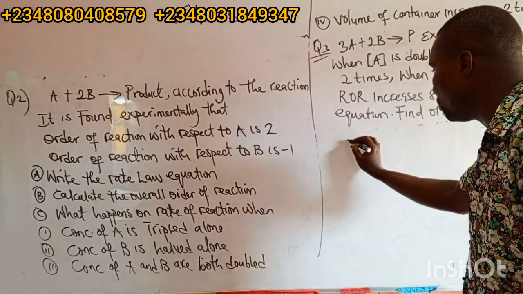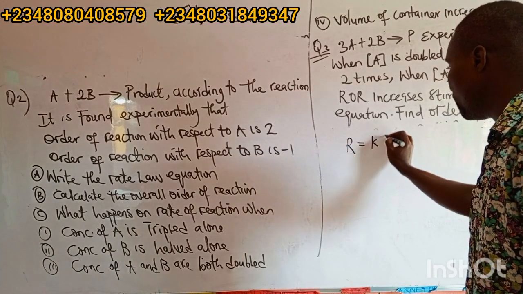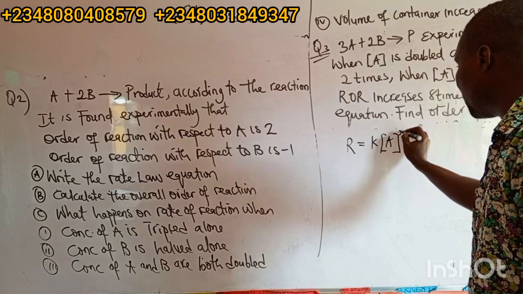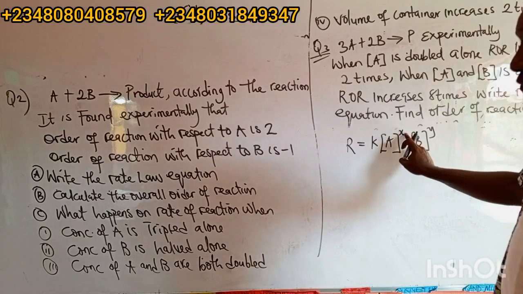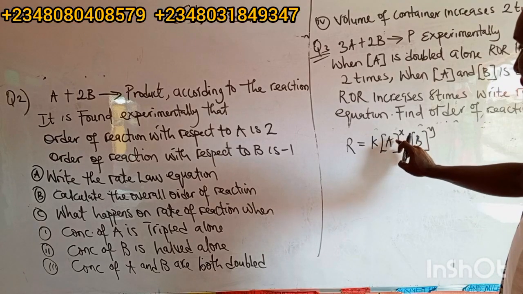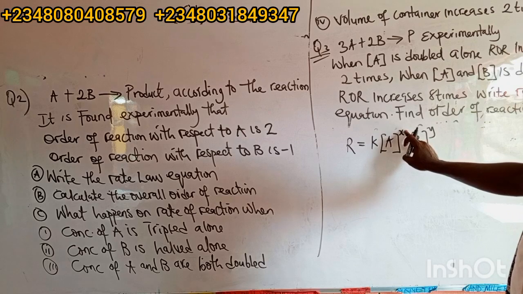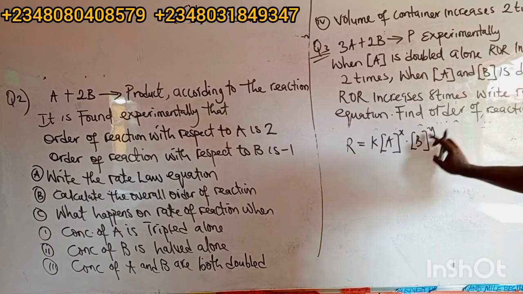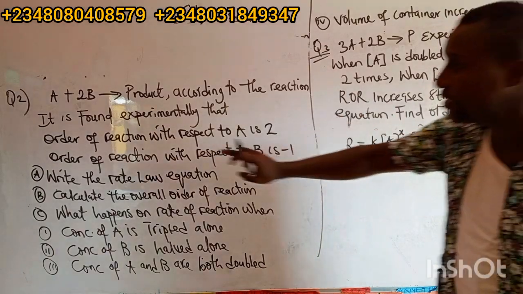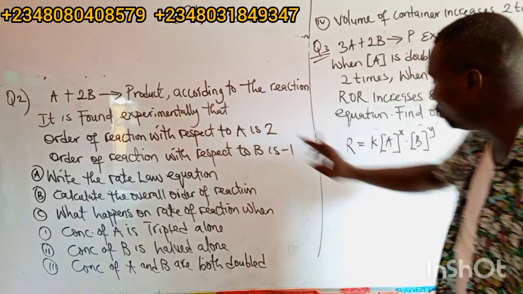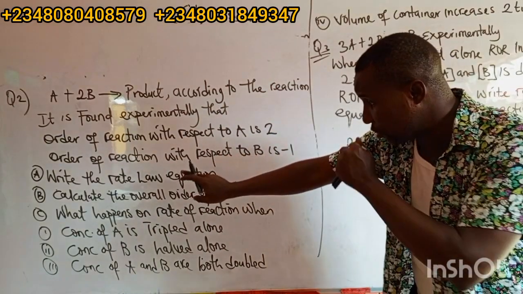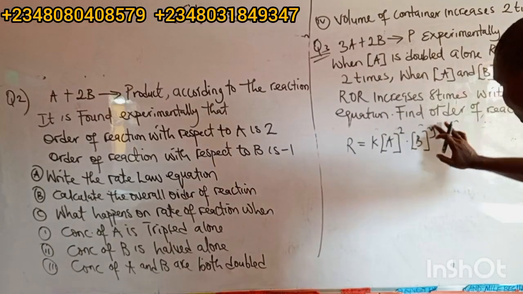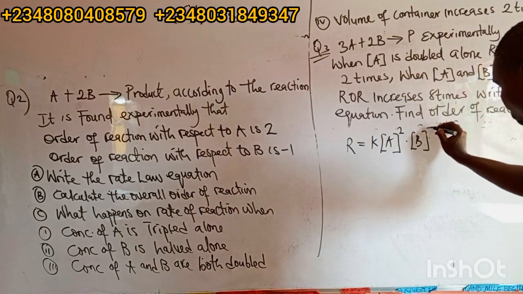That means we have the rate law equation R equal to what? K, this rate law equation to reactant A raised to power X, B raised to power Y. The order of reaction with respect to A is X, and with respect to B is Y. In the question, the order with respect to A is 2, so let me change X to 2. The order with respect to B is minus 1, so let me change Y to minus 1.